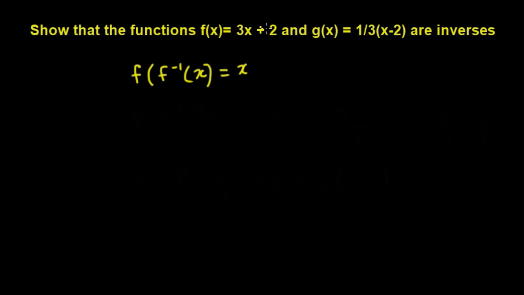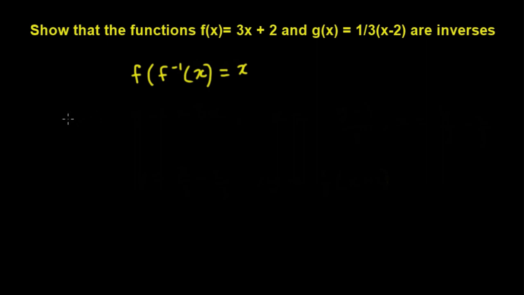We're just saying that these two are inverses. So if we were to compose these together, either do f of g of x or g of f of x, the answer should be x. Now if the answer is x, then we know that they are inverses. Now if the answer isn't x, we know that they are not inverses. So let's go ahead and we'll do that just now.